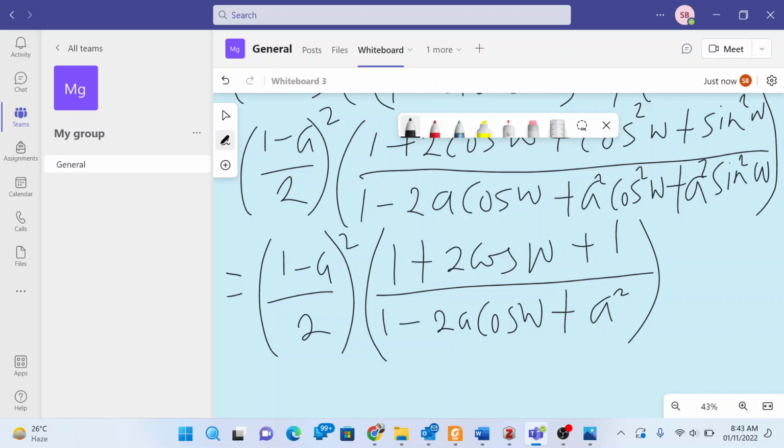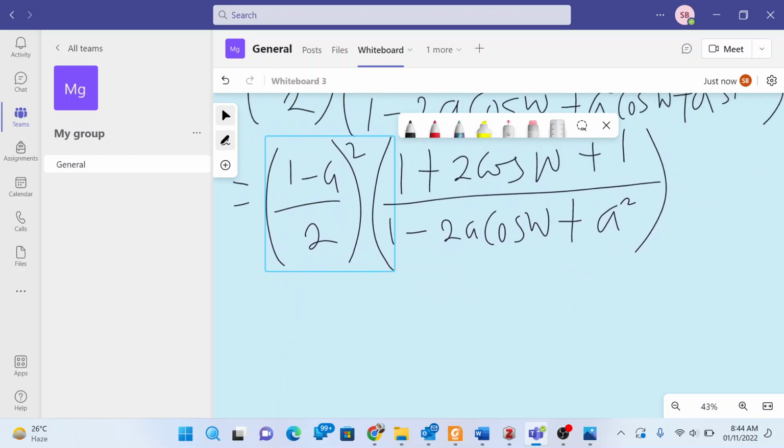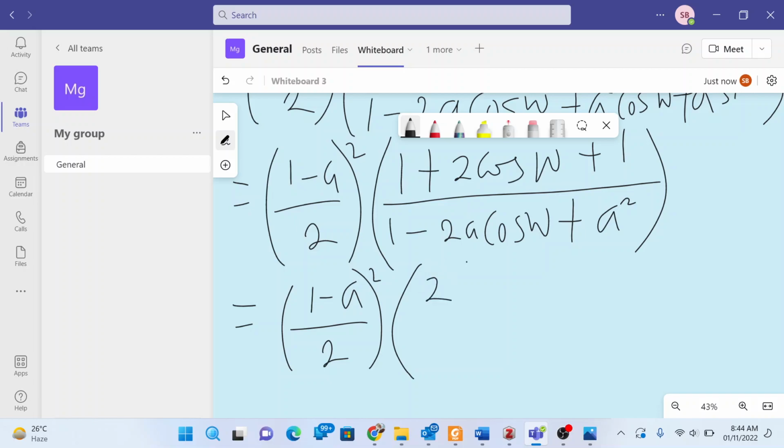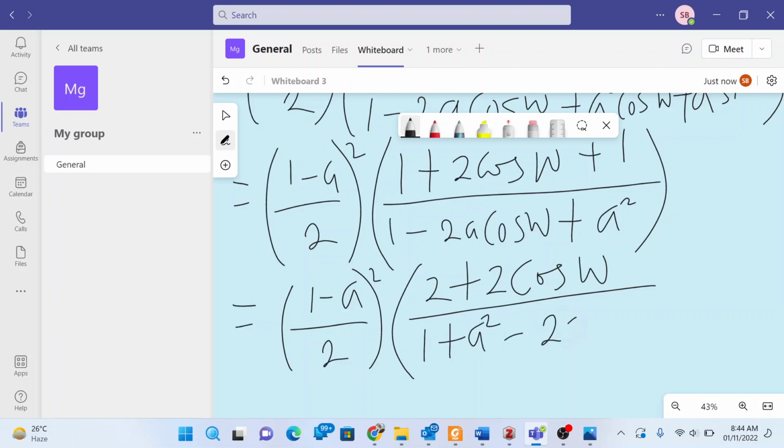Now with this expression obtained like this, we say that 1 plus 1 at the numerator will become 2, and that's going to be 1 minus a, all over 2 squared, then this is going to be 2 plus 2 cos omega, then this is going to be 1 plus a squared minus 2a cos omega.